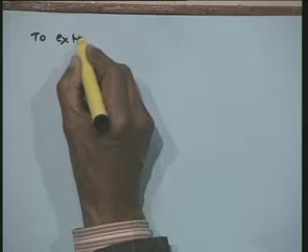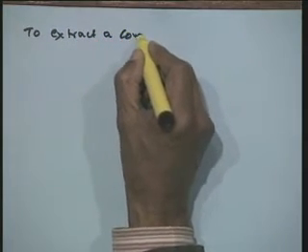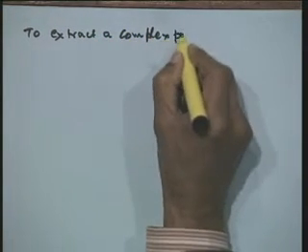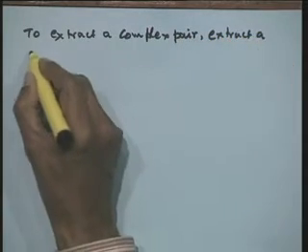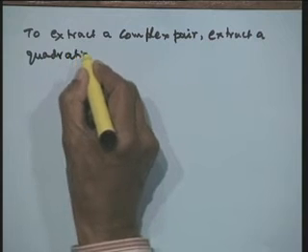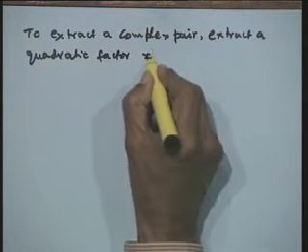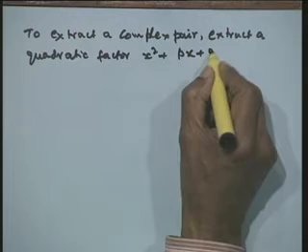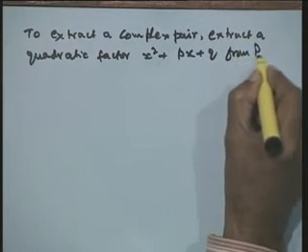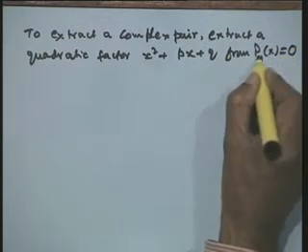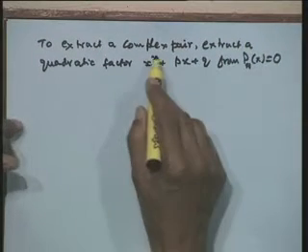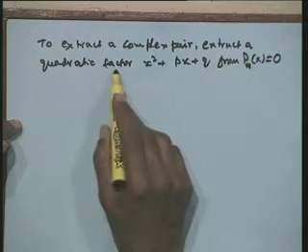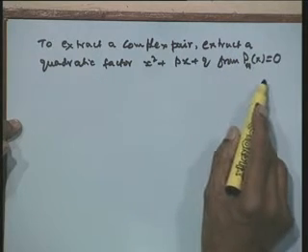Therefore, to extract a complex pair, I shall extract a quadratic factor x squared plus p x plus q from p n x is equal to 0.